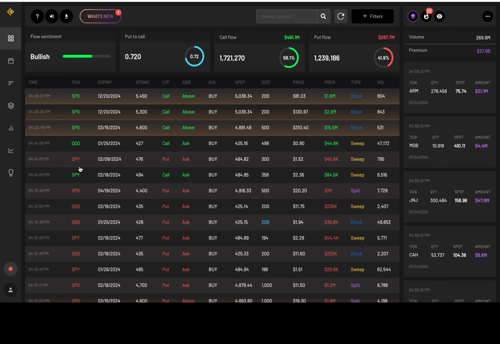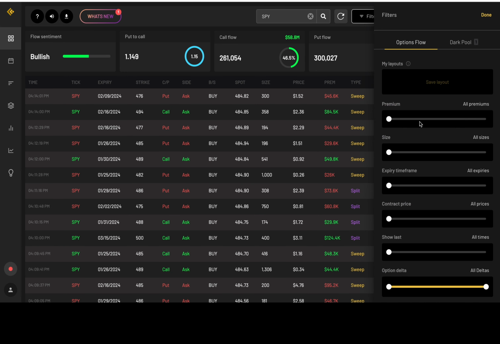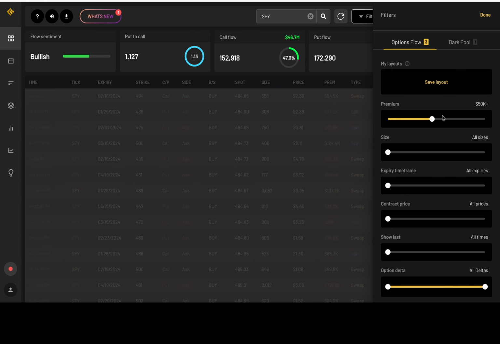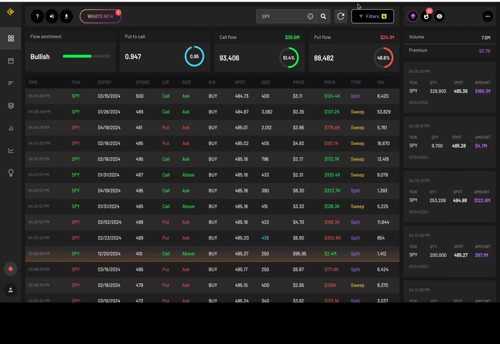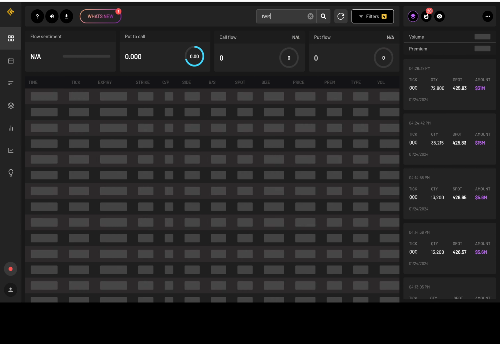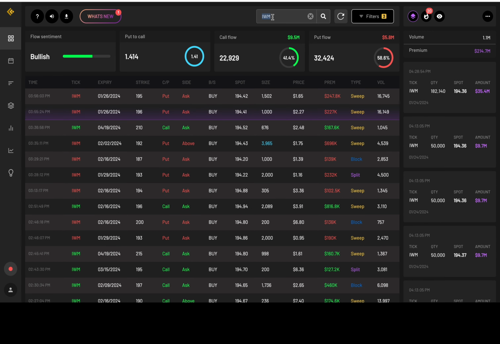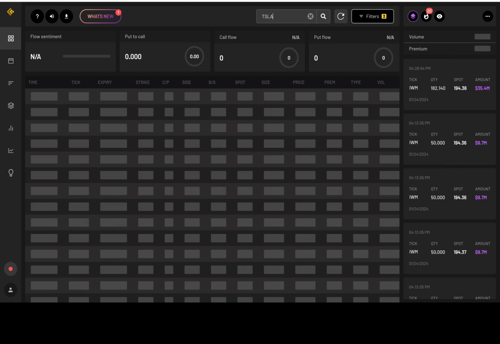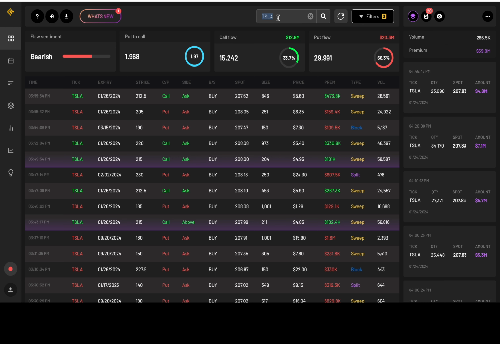And SPY. All right, 100K premiums or above. And it's bullish. QQQ is bullish. Someone buying the dip or something? IWM is bullish. Tesla's bearish. Okay.